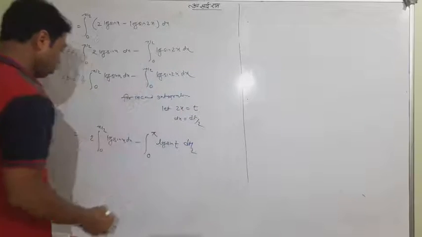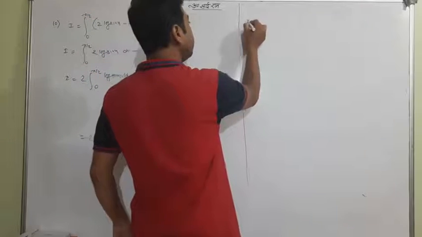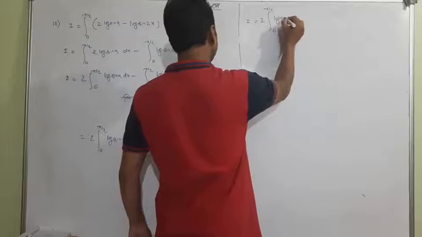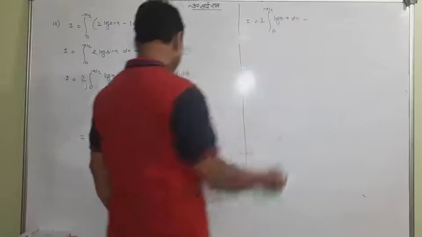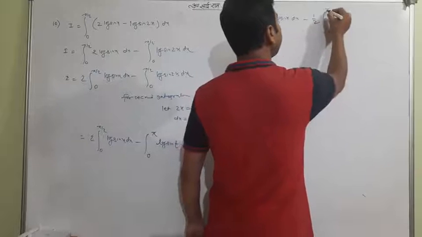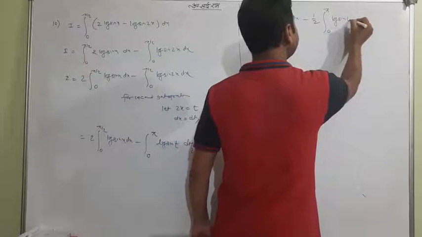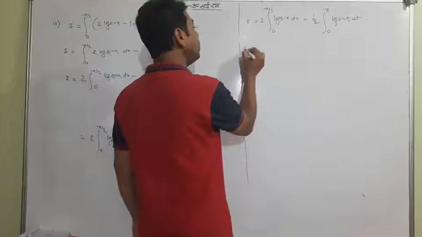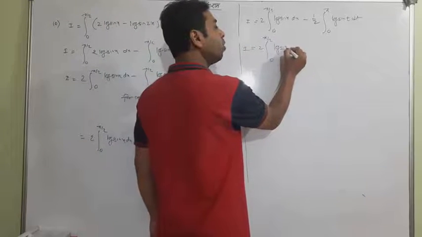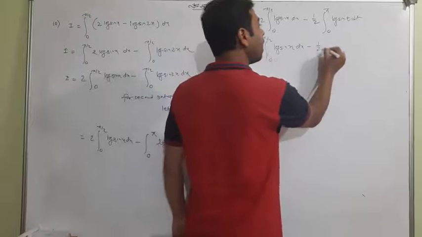Same I'll do now. So what I'm doing here: I is equal to 2 times the integral from 0 to pi by 2 of log sin x dx, minus this 2 I'll write outside, the integral from 0 to pi of log sin t dt. You remember each and everything, it is just a revision. Can you see that log sin x dx is the same?